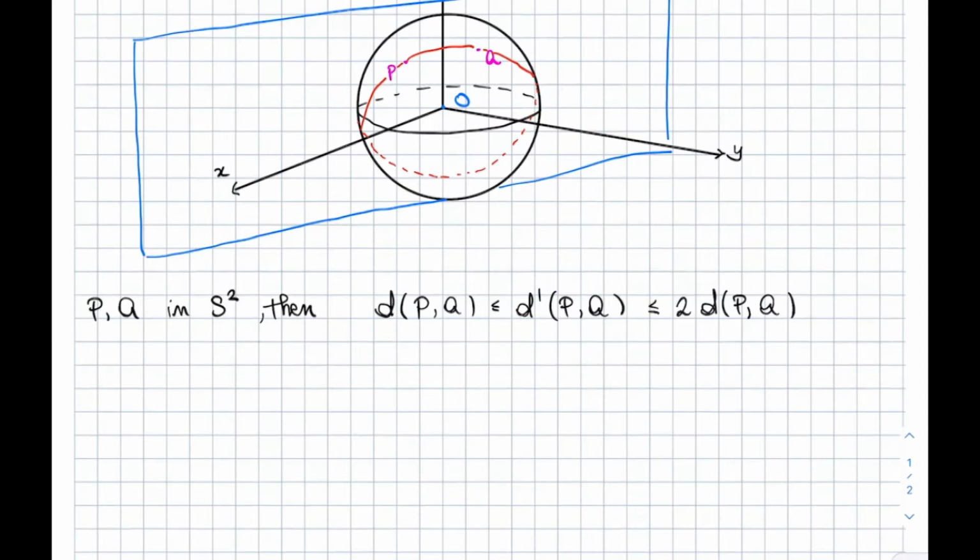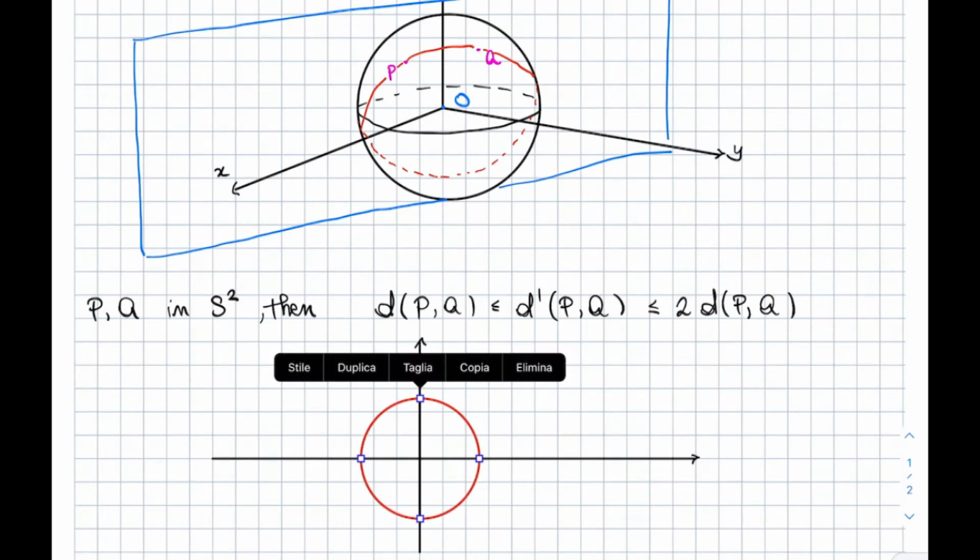We know that to compute the distance between P and Q using arc length, we have to take the maximal circle through P and Q. In particular, we can come back to the situation in which we're in the plane, and so we can draw the two axes, and then we have the circle on which P and Q lie, and I will draw them here, P and Q.